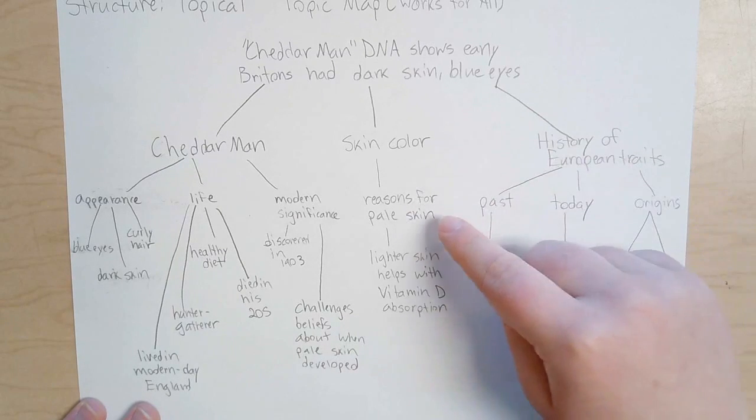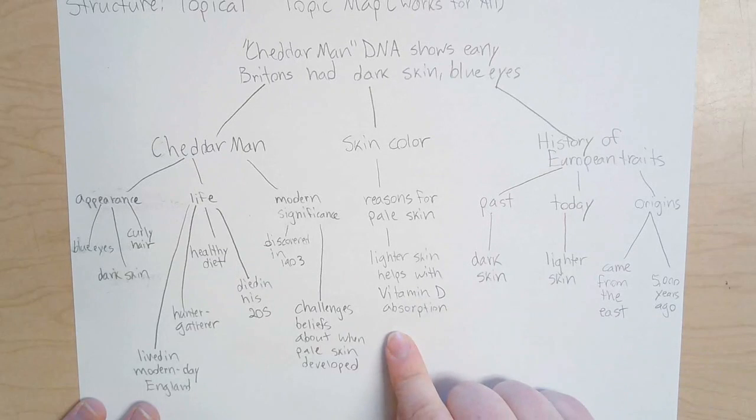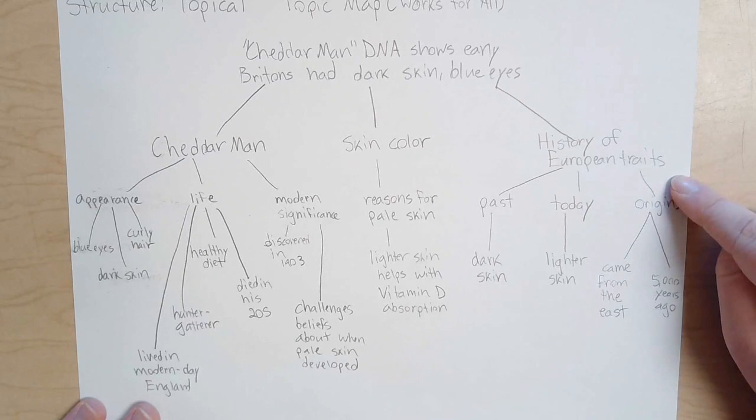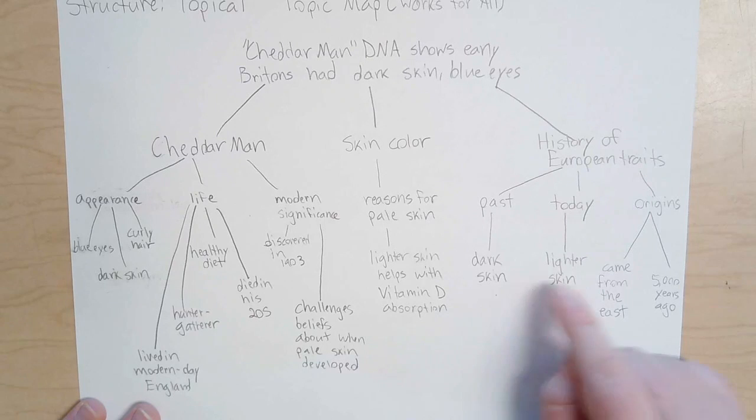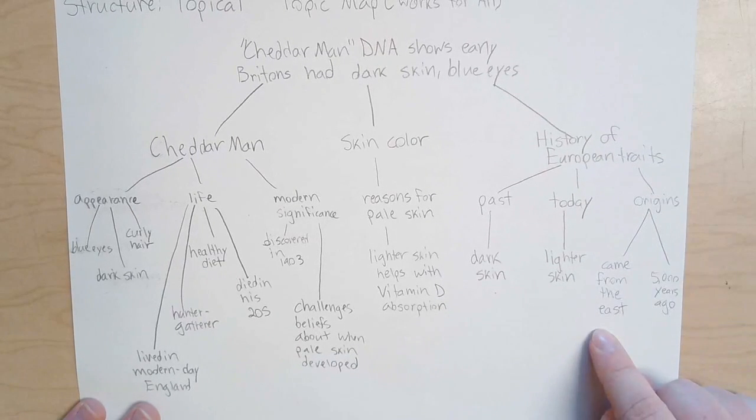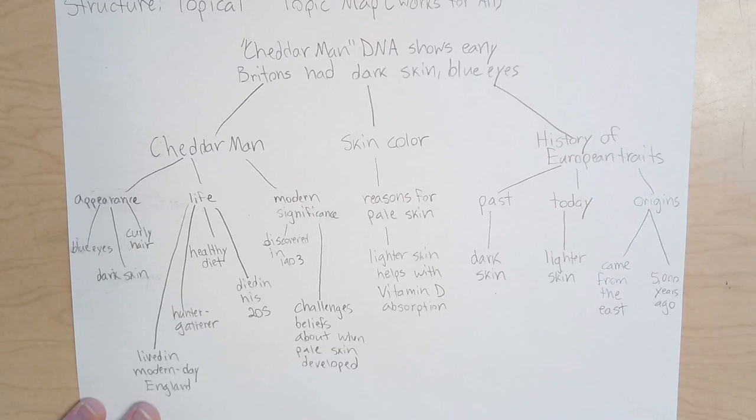Under skin color, I have the reasons for pale skin, and we believe that lighter skin helps with vitamin D absorption, which is why people who live in areas that don't get as much sunlight tend to have lighter skin. Then under the history of European traits, I put in the past, they had darker skin. Today, they have lighter skin, and their origins, they came from the East about 5,000 years ago.